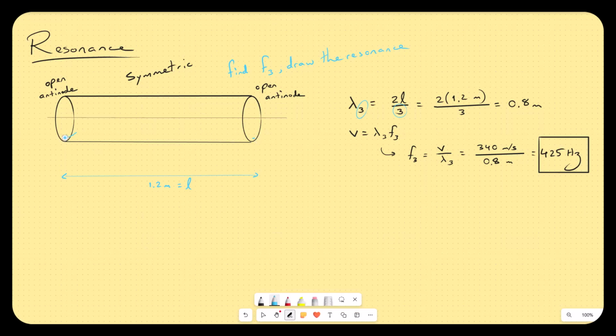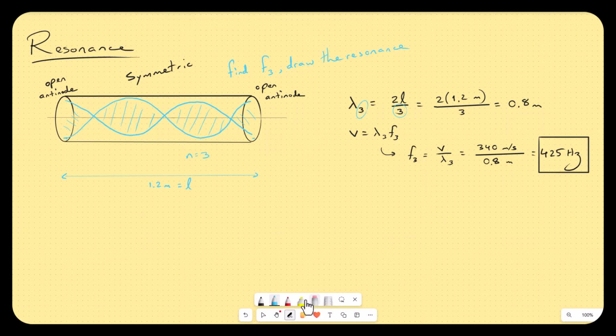So I'm going to go bottom, top, down, up. I have one wave, or one loop, 2 loops. I've got a half here and a half here. That's my n equals 3 situation.